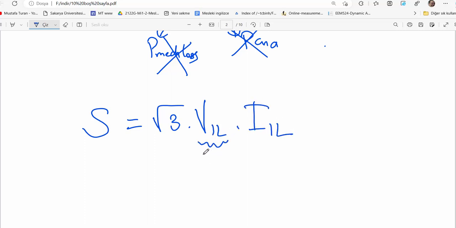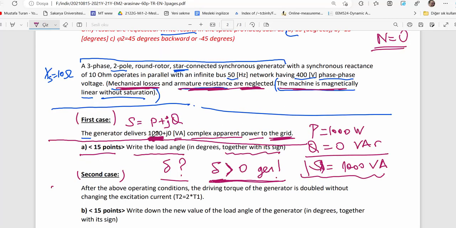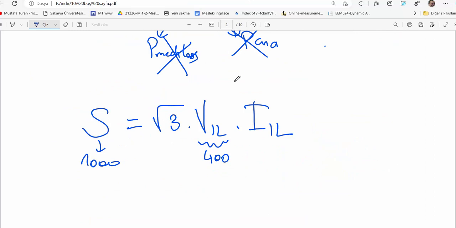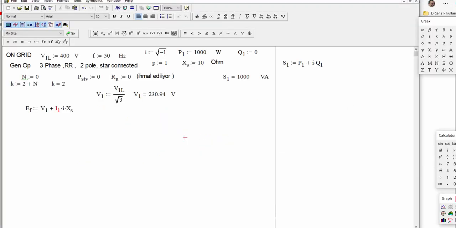It is given as 400 volts. It is given as 1000, as we have considered here in the question. The amplitude is 1000. So it can easily be calculated. Line current. So let's calculate it.